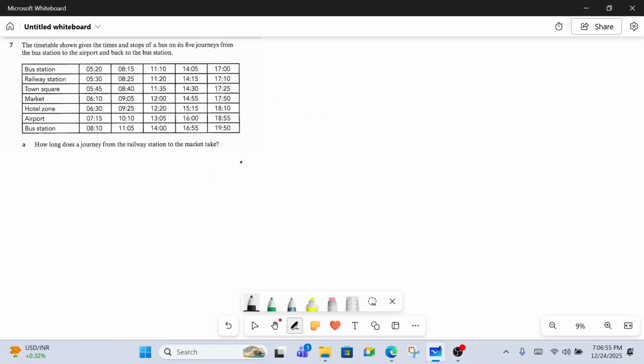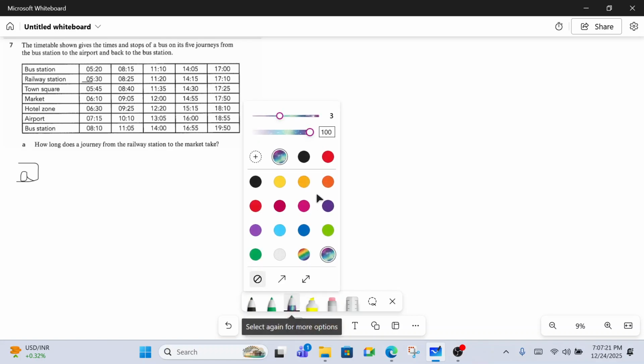So let's get straight into question number A. How long does a journey from the railway station to the market take? Okay, so let's find out. Railway and market. So this is railway. I'll just give it a better pen.